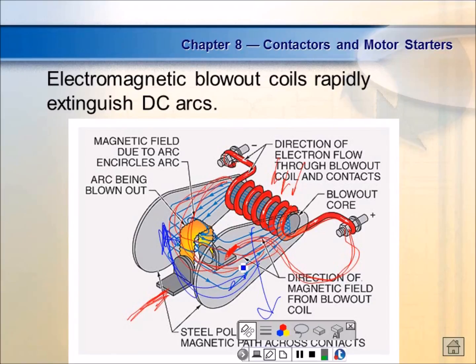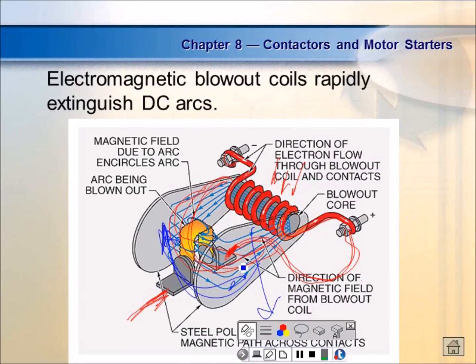Big old 40-ton DC crane. And of course, the contact was just humming at us. And the arc wouldn't extinguish because it was DC, and DC is constantly doing what? Pushing, right? It's not changing direction. It's constantly pushing. And what did we do? We blew it out. We got there, and we literally had to blow it out. And then we found the plate and put it back on there.